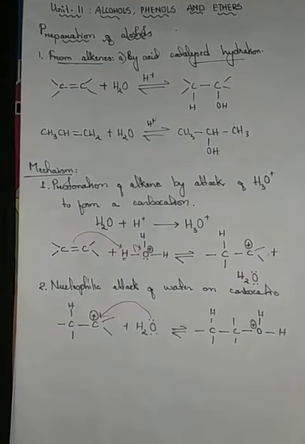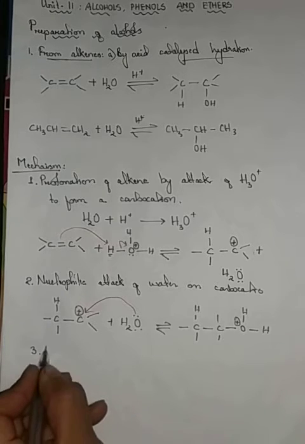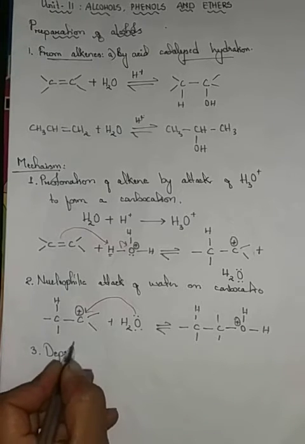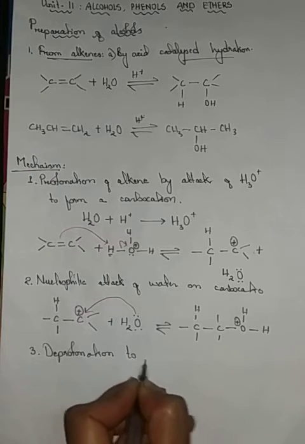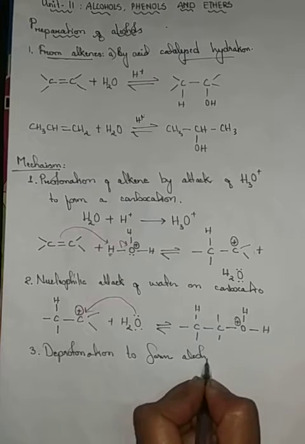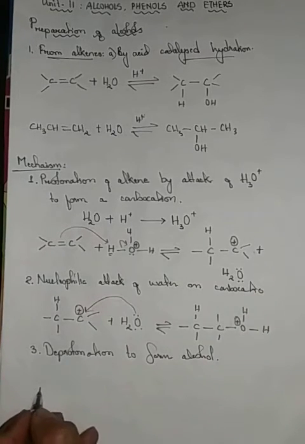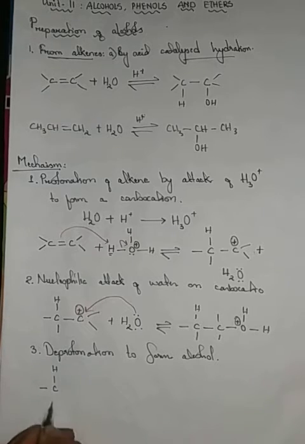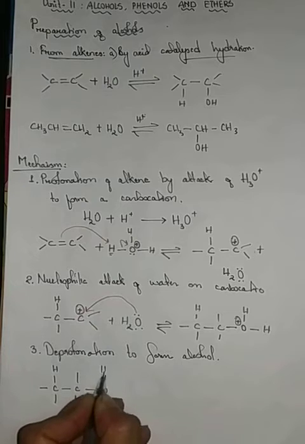Now after this product has been formed, the third step will be the deprotonation to form alcohol. Deprotonation means removal of proton from this. Therefore we have carbon, hydrogen, carbon single bond, OH.